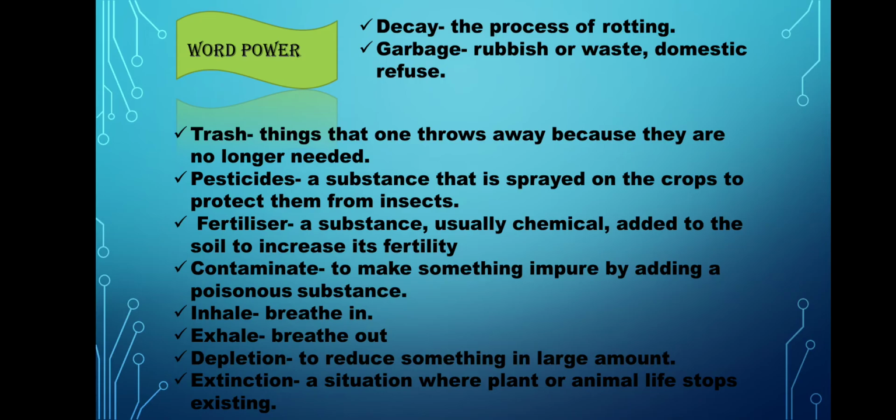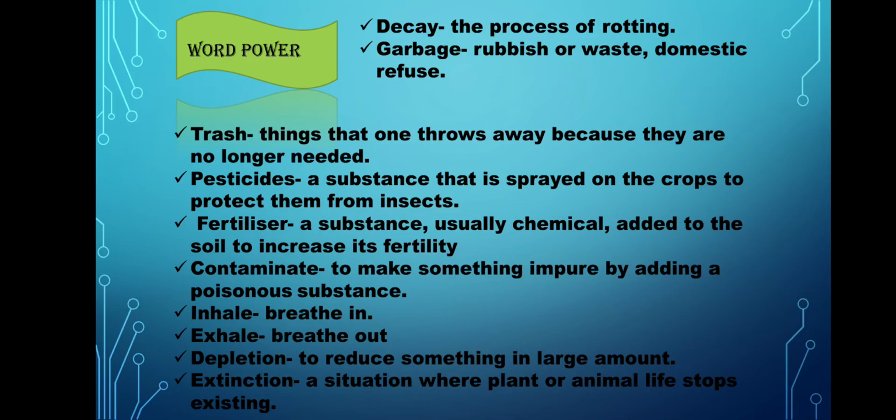What are the difficult words that we have come across in the chapter? Decay, the process of rotting, means the process of decomposing. Garbage, rubbish or waste, domestic refuse. Trash, things that one throws away because they are no longer needed. Pesticides, a substance that is sprayed on the crops to protect them from insects.